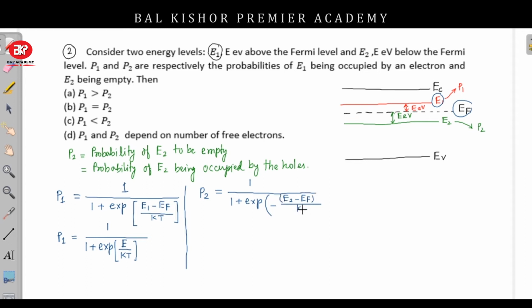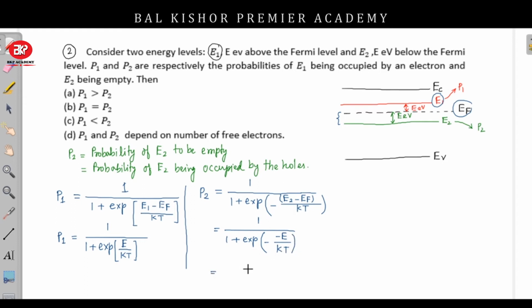divided by KT. And from the figure you can see E2 minus EF is nothing but the minus E energy. So from this figure we can say that EF minus E2 is nothing but capital E electron volt. यहाँ पे E2 minus EF है, so we can write it as 1 by 1 plus exponential माइनस E2 माइनस EF, इसका मतलब होता है कि माइनस E divided by KT.